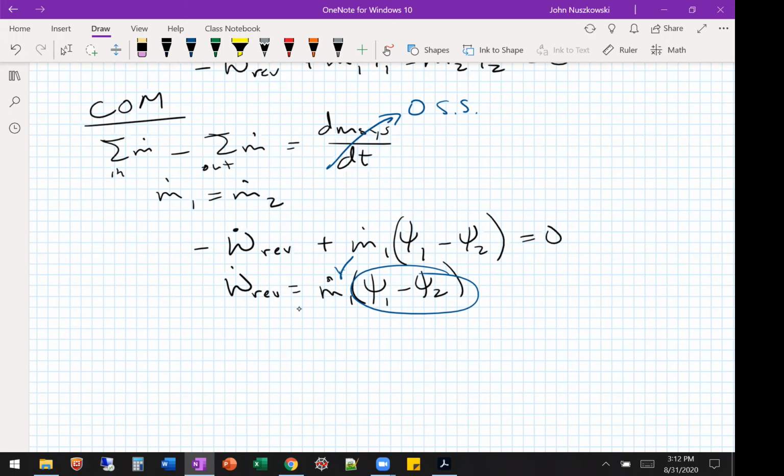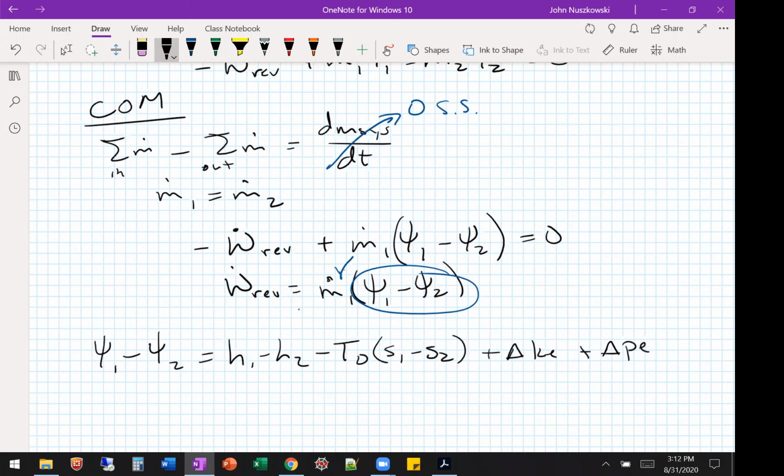So we have 1 minus 2, neglecting kinetic and potential.